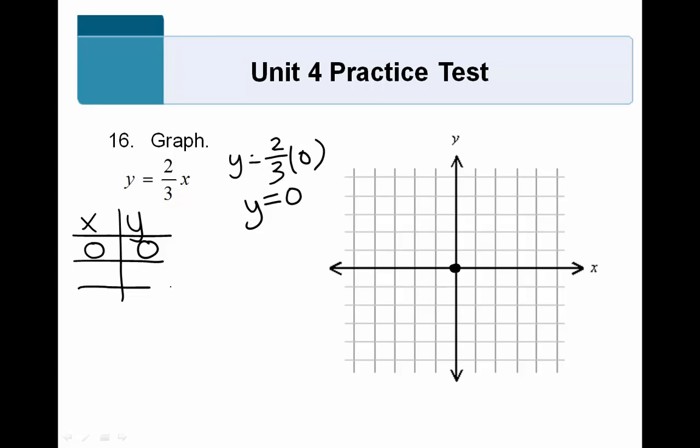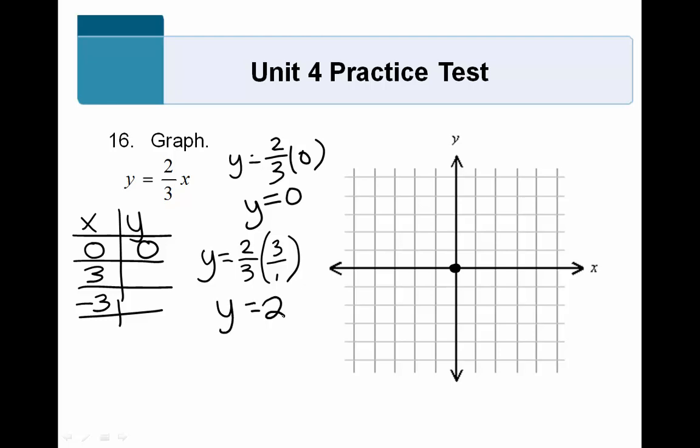We want to choose values that are multiples of our denominator. So I'm going to choose 3 and -3. So y equals 2/3 times 3 over 1. So y equals 2. So 3, 2, so that's right 3 up 2.